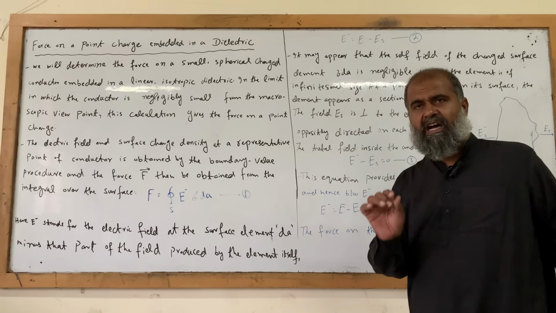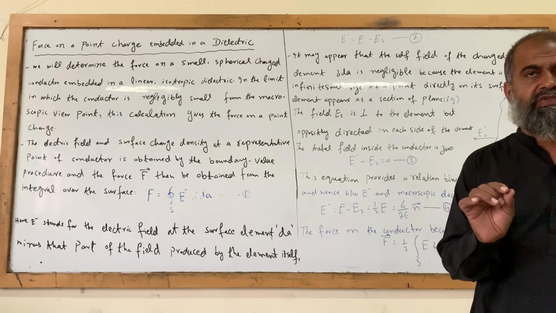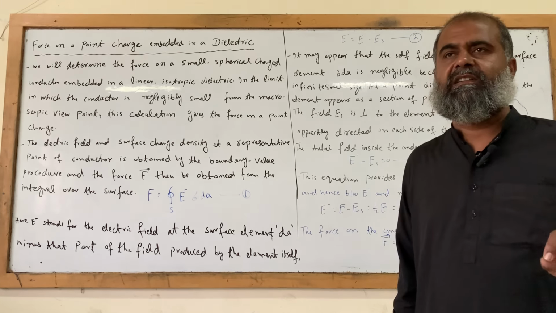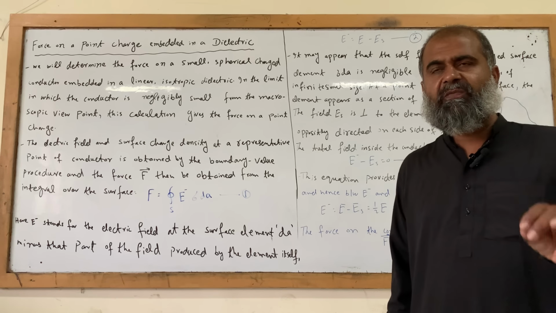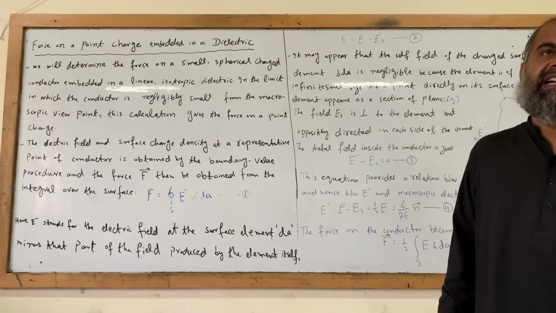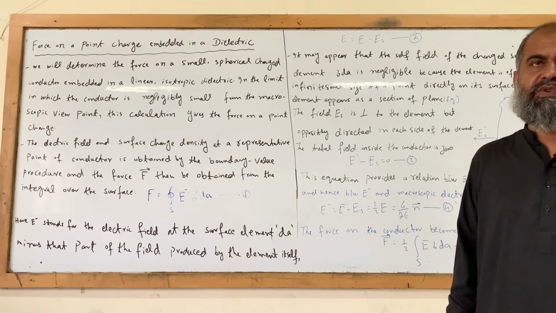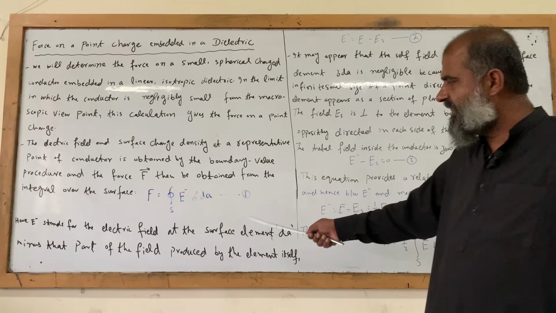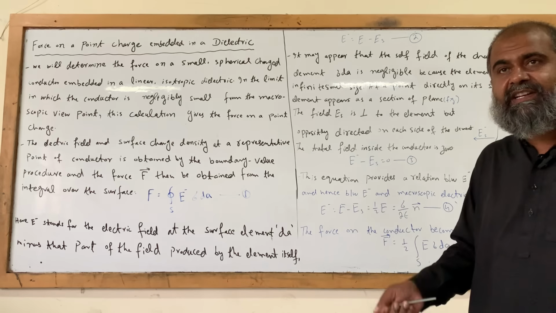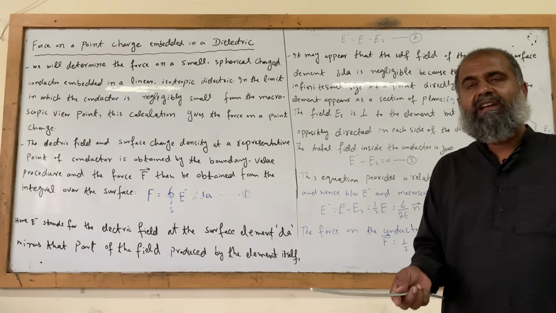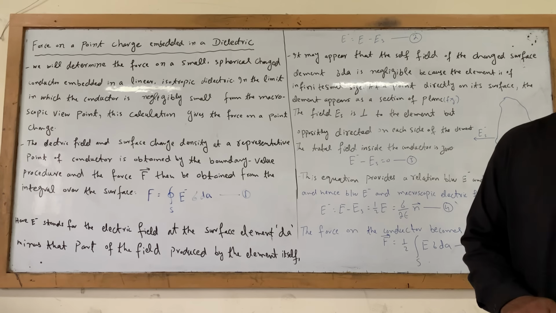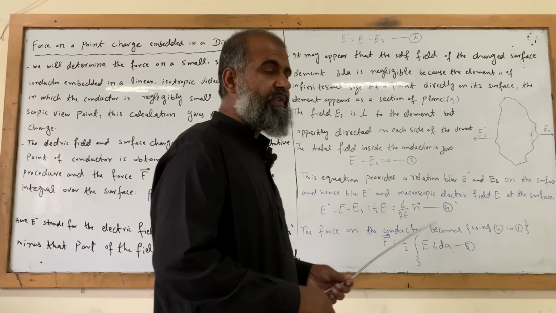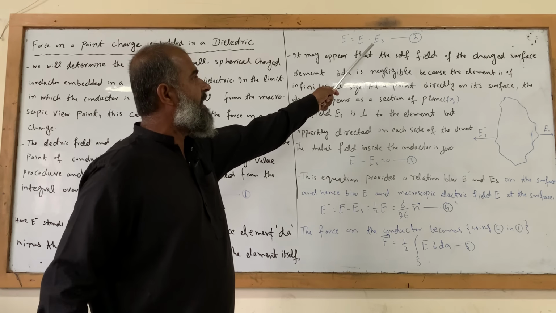A portion of the electric field will be produced due to the conductor that you have placed inside the dielectric. So the electric field E prime will be the electric field at that surface element dA minus the electric field produced by the conductor itself. Then the net field E prime will be equal to E minus ES.